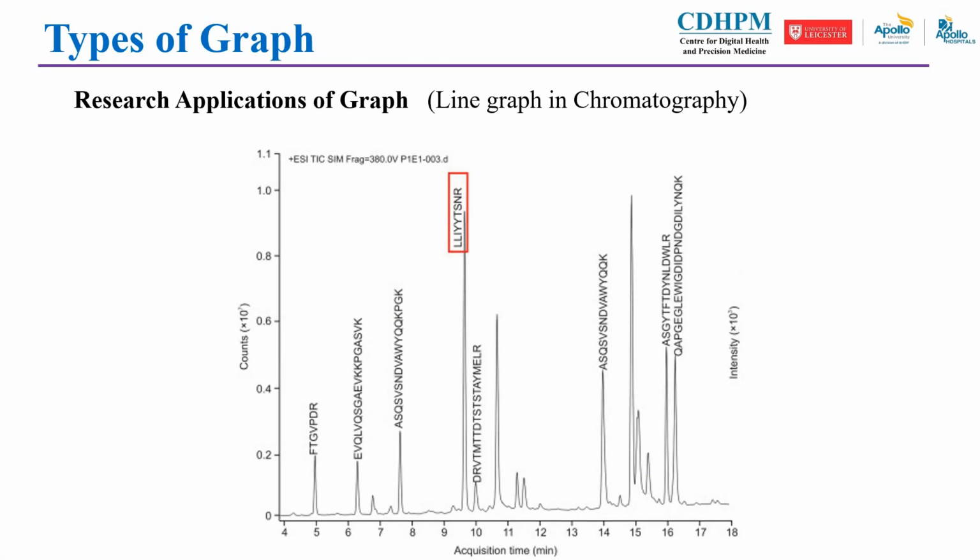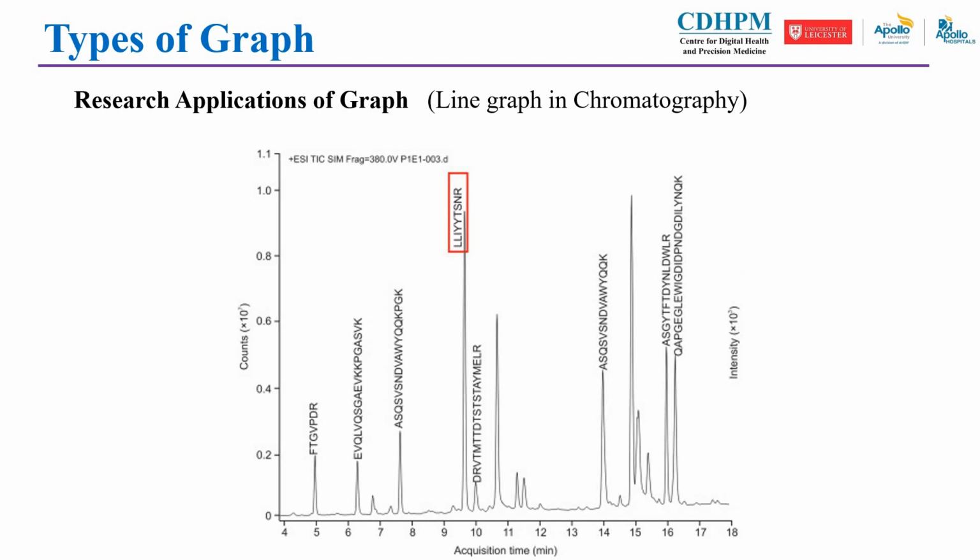I'm sure you are familiar with line graph, where you plot all the data points and you connect them in one go. But look at this particular graph. Instruments like ECG, instruments like chromatography, they produce lines in the graph, X and Y graph.